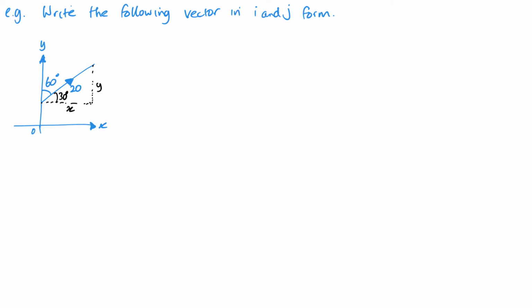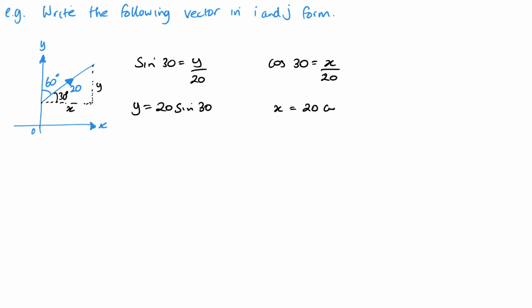If I think about this logically, we know that sine 30 is opposite over hypotenuse, and cos 30 is adjacent over hypotenuse. So using my previous knowledge, we've only got one unknown in each equation. So y is going to be 20 sine 30, and x is going to be 20 cos 30.